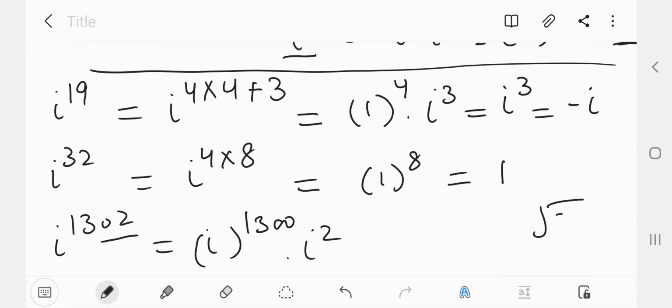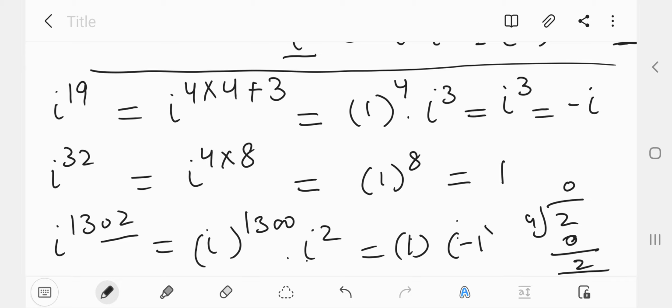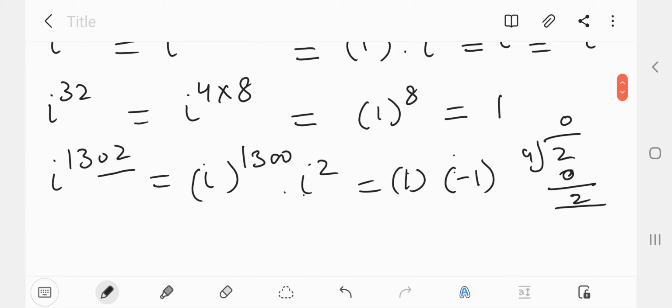The value of iota 4 is equal to 1 into iota square, which is minus 1. So the value of this expression is minus 1.